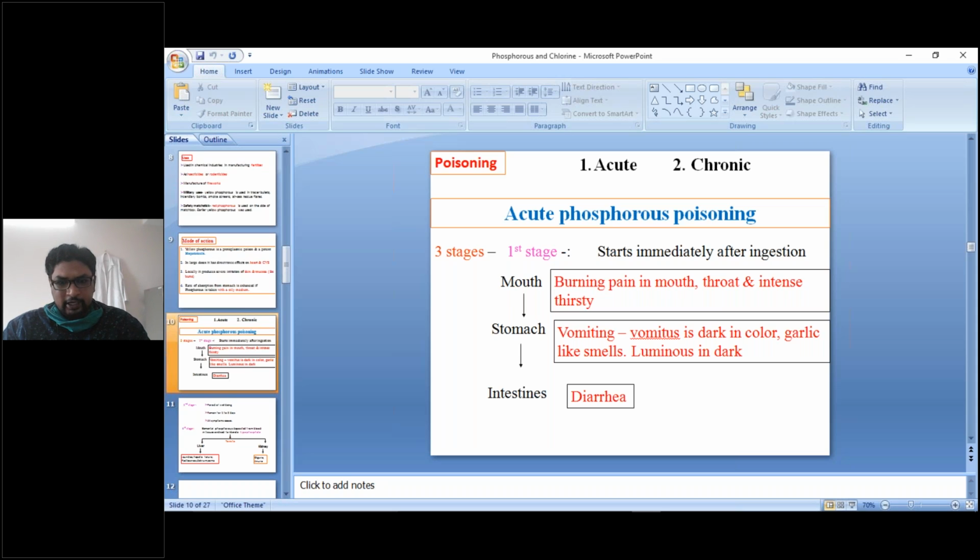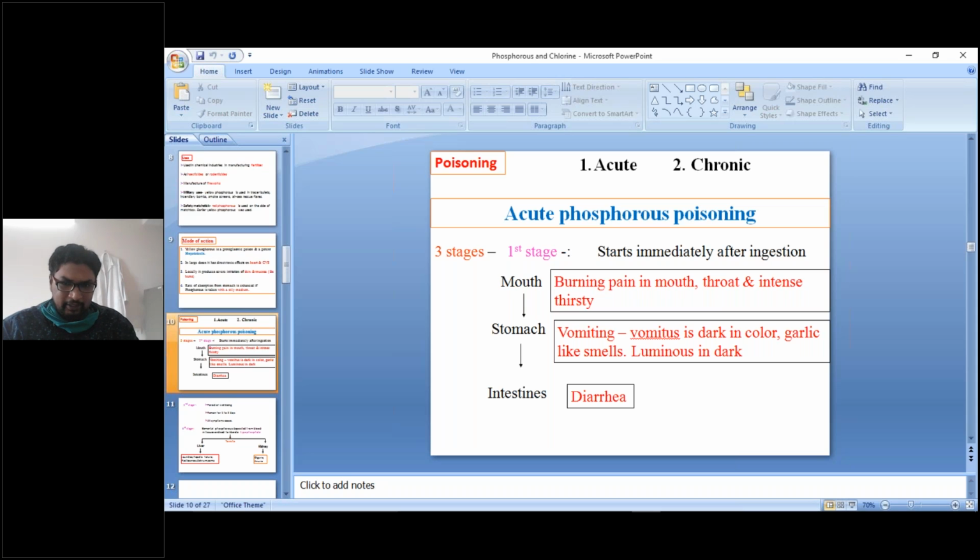In the mouth, it causes burning pain, and in the throat, intense thirst can be seen. Vomitus is dark in color with a garlicky smell, and it is luminous. It will glow in the dark whenever the person is vomiting. And then it causes diarrhea.